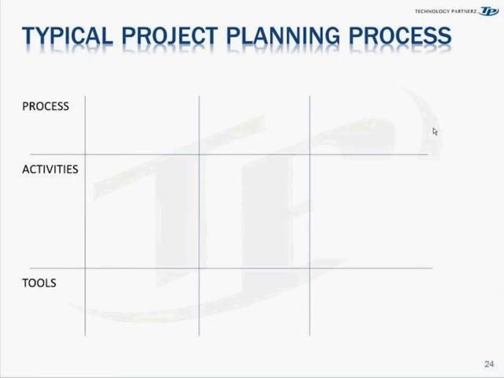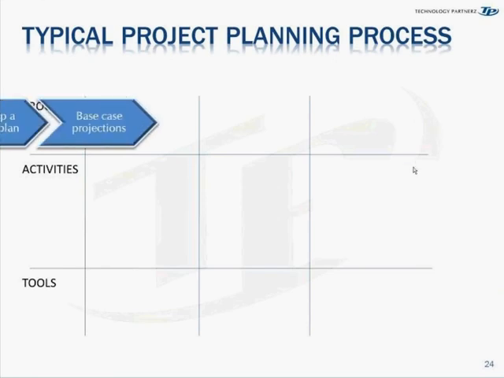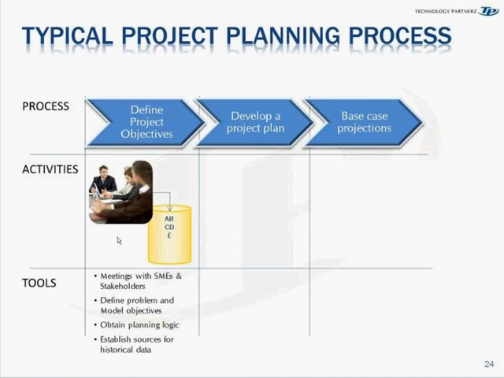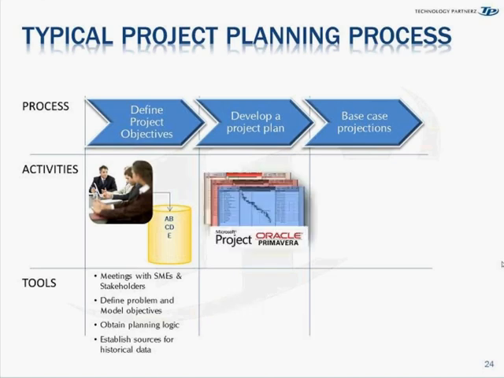But now the other aspect is how do you actually do this? So typically in a business, when they're defining a project, they have to set objectives. And they go out to the business, they talk to the people, set those objectives, and they have a plan, and they figure out where they're going to get their historical data, their assumptions. They go off and they build a plan in MS Project or in P6.